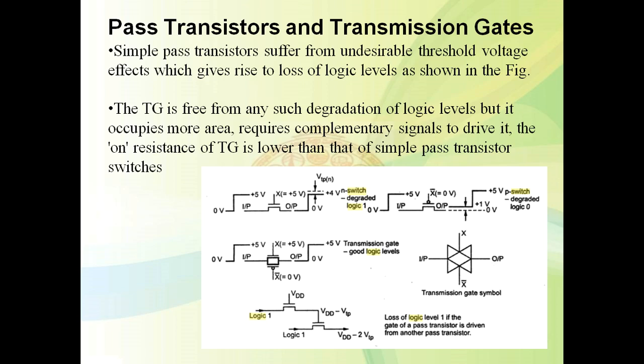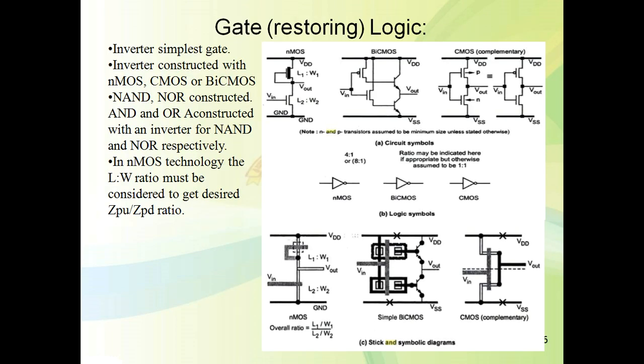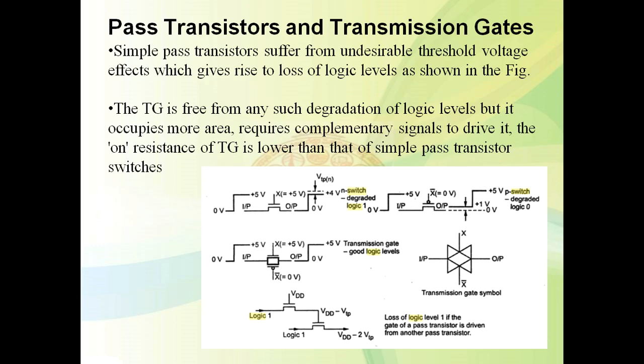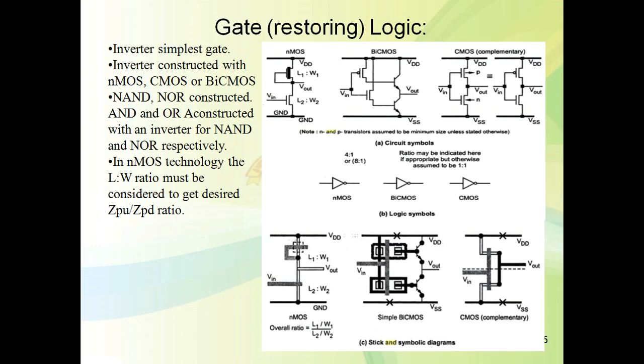So this is about one type, that is switch logic, and next we will see gate logic. In NMOS, CMOS or BiCMOS technologies, we are using various types of gates. The simple gate is nothing but your inverter.